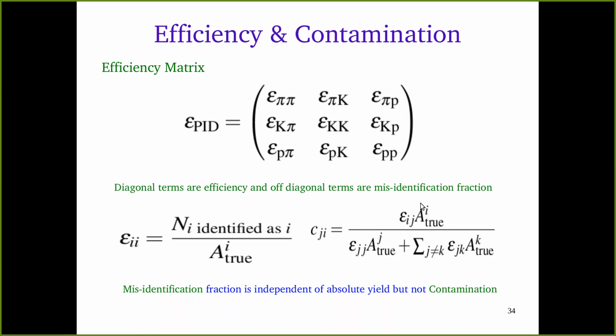So this true yield is the absolute yield of the particle. Since you use Monte Carlo to determine this contamination, if these yields are different from the yield that you have in the data, then you will get wrong values of contamination.